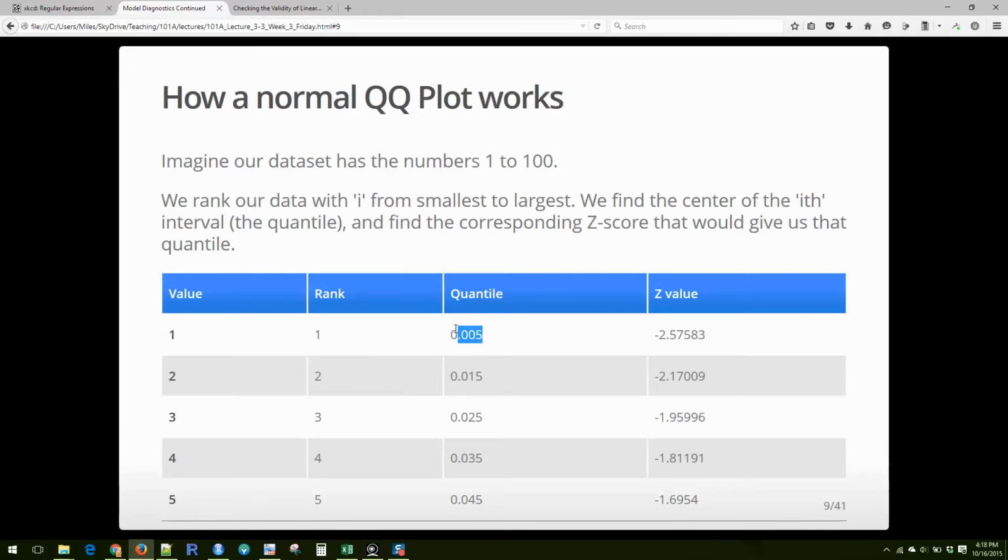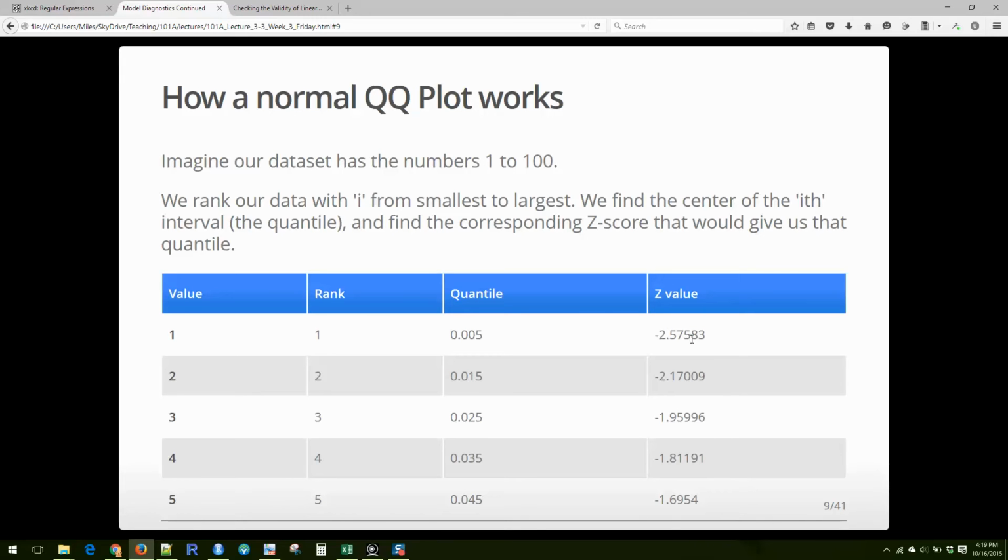And then what we do is we look up the z-score that would produce this quantile. So if you look up negative 2.576 or whatever, you would see that you would get 0.005 in the tail. So these z-scores are based entirely on how many numbers we have.